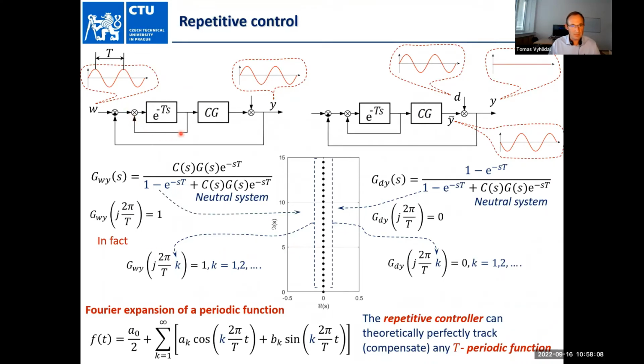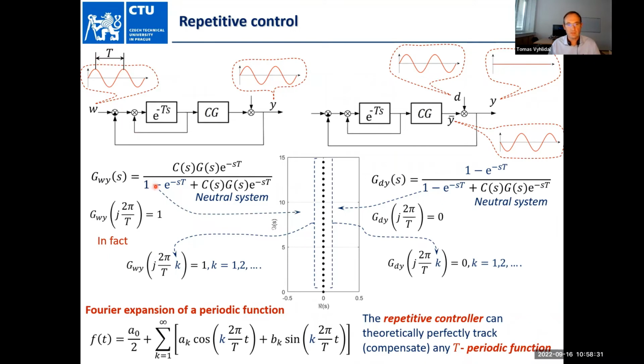Here we have the repetitive compensator, which is included in the classical feedback loop with the controller and the system. The sufficient information to suppress the oscillations is only to know the period.